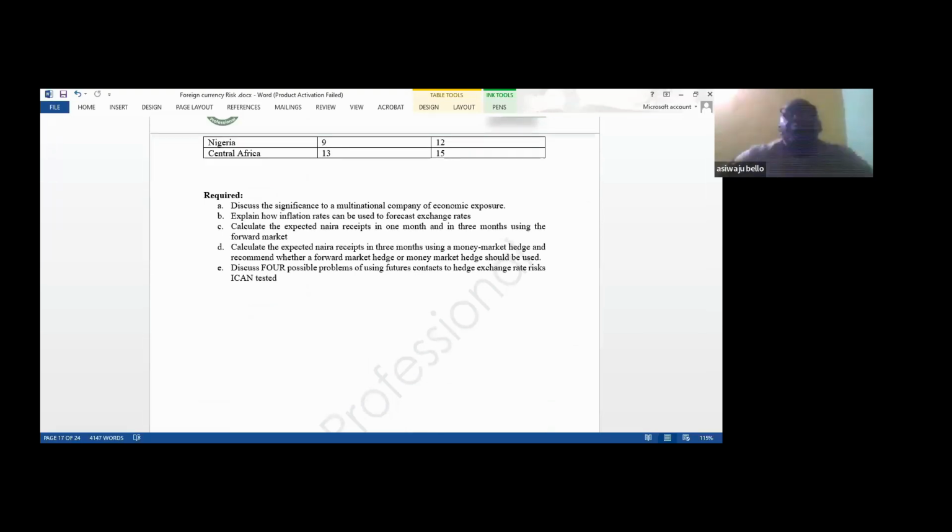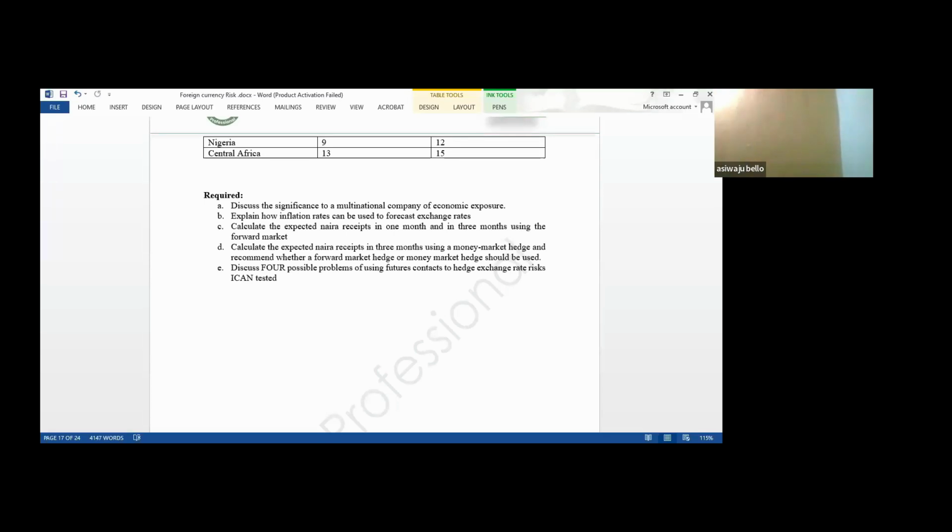Requirement 2. Examiner says, calculate the expected Naira receipts in 1 month and in 3 months using the forward markets.